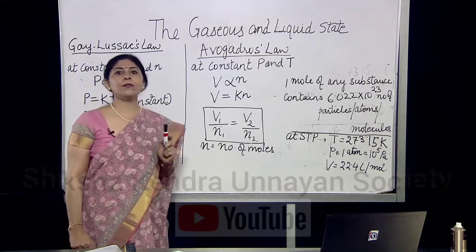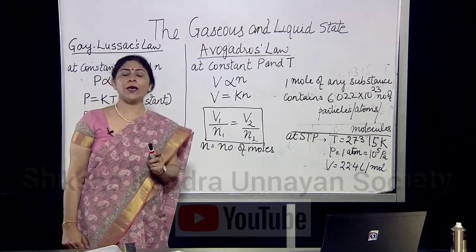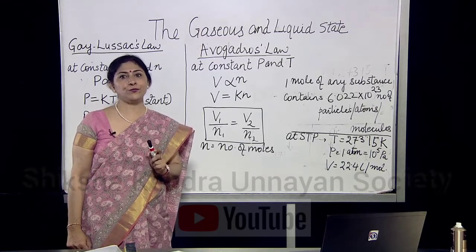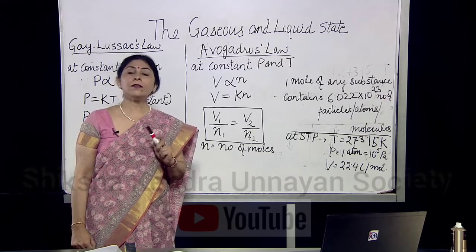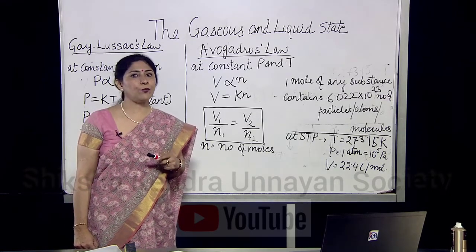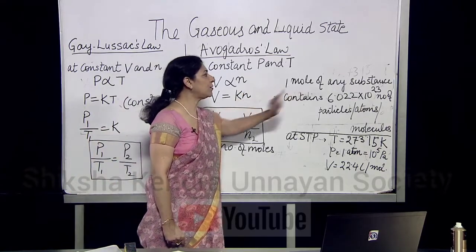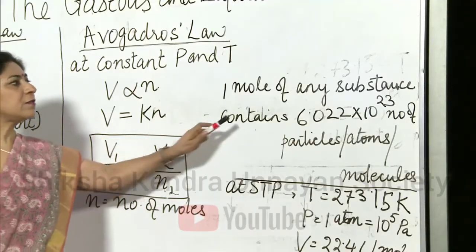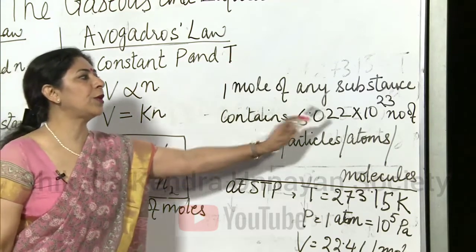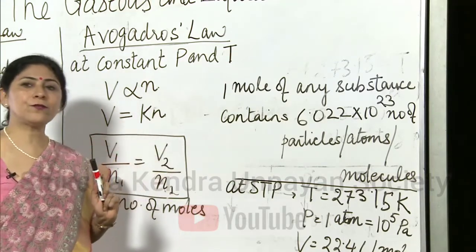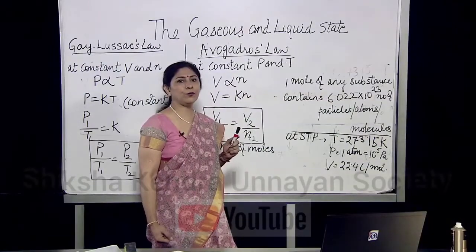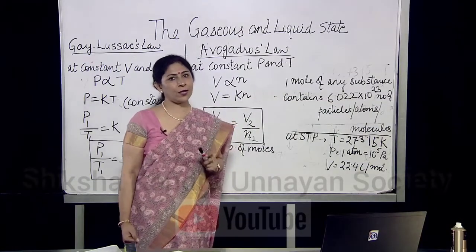The number of molecules in 1 mole of gas is 6.022 into 10 power 23, and this is termed the Avogadro constant. Here, 1 mole of any substance contains 6.022 into 10 power 23 particles, atoms or molecules, depending on what we have taken.